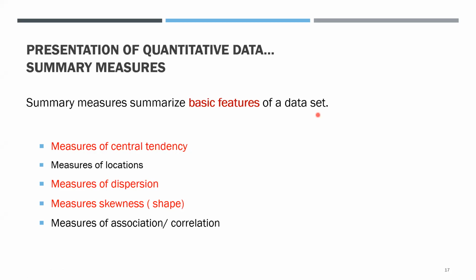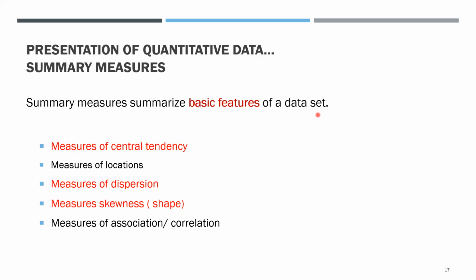So when it comes to quantitative variables, basically we are using summary measures. If you want to describe a quantitative variable, or sometimes we call this a numerical variable, we are using summary measures. So what are these summary measures?